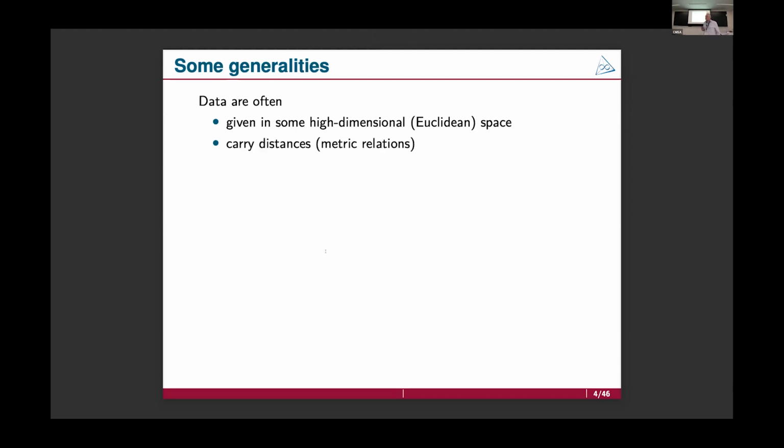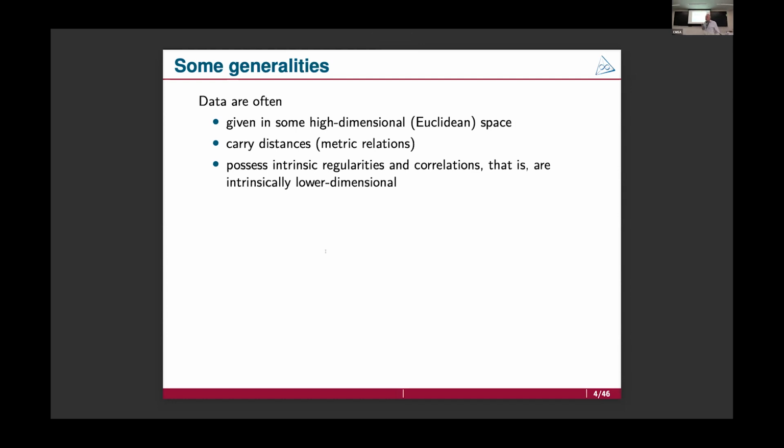What is good for us as geometers is that we typically have distances. Whatever the distances come from, typically you evaluate certain features and then you add up the differences of the feature values or whatever. So the important thing is that we have metric data.